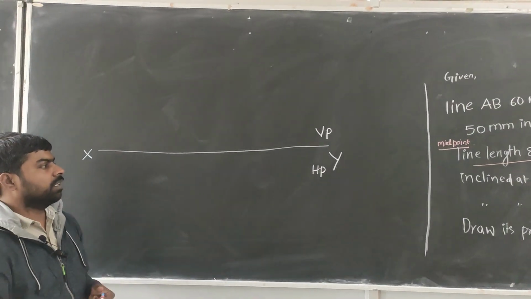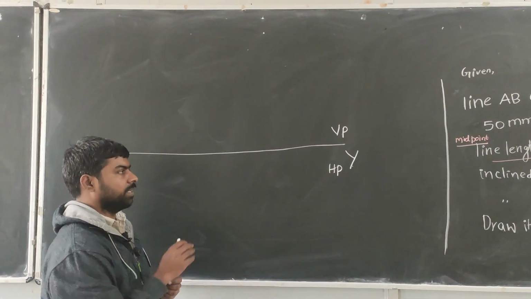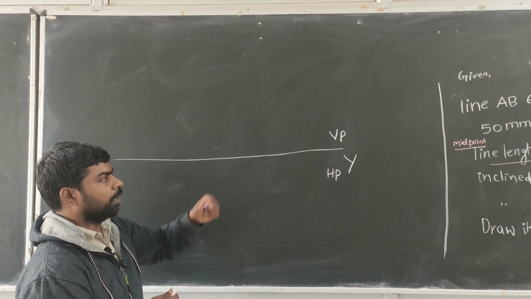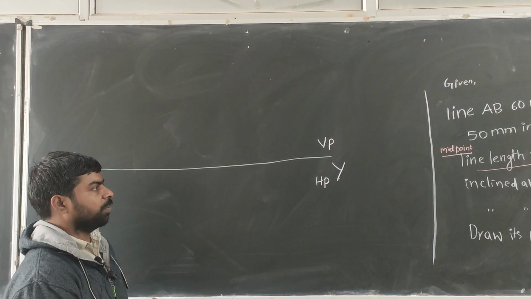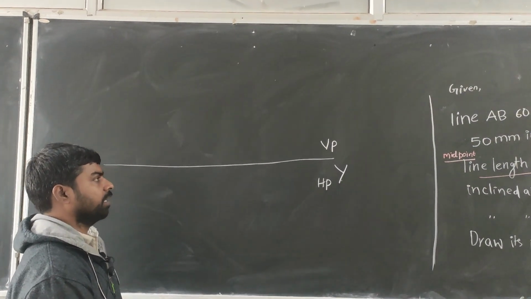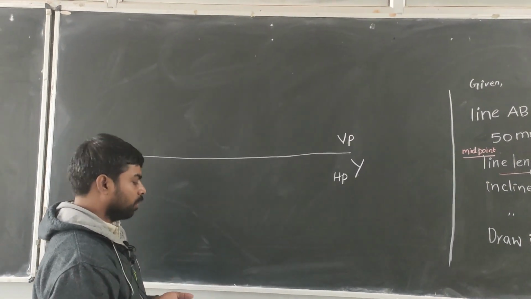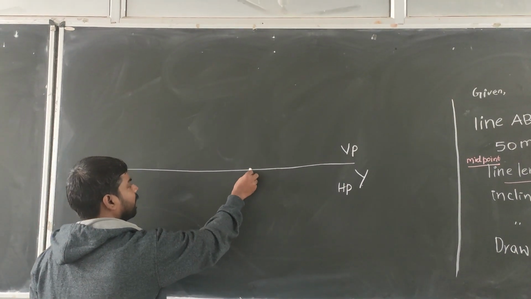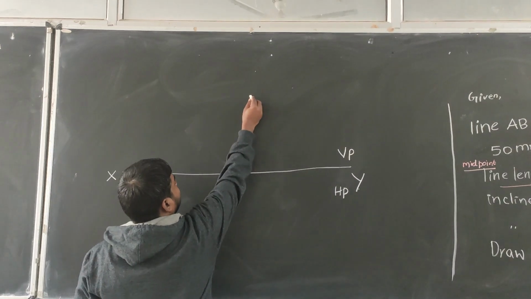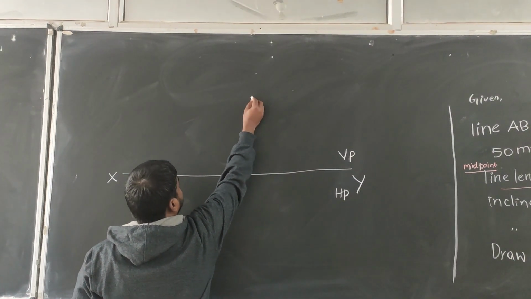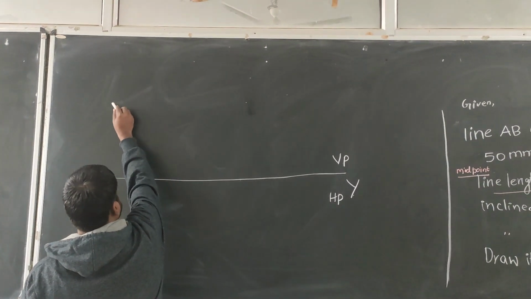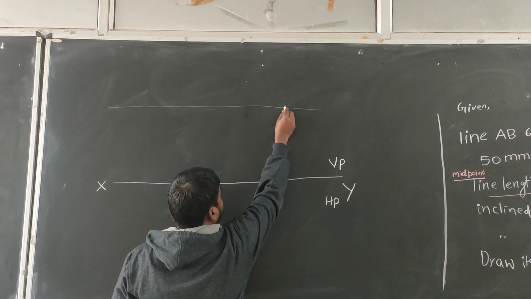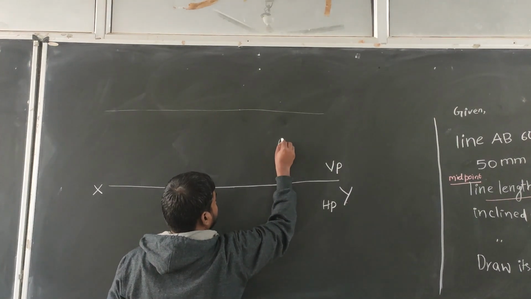Then you check, the line length is 80 mm with respect to the midpoint, and line AB is 60 mm above HP. Above HP means it is with respect to the midpoint. The midpoint is exactly 60 mm above. So take your drafter and measure up to 60 mm. Make one horizontal line and give this dimension as 60.